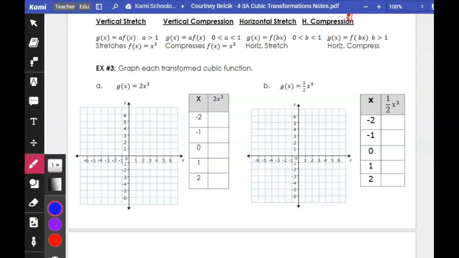So example 3 has 2 problems, and they both have scale changes. Both of those scale changes are not in parentheses, so since they're not in parentheses, they're vertical. This one is a big number. It's a vertical stretch because it's a larger number than 1.